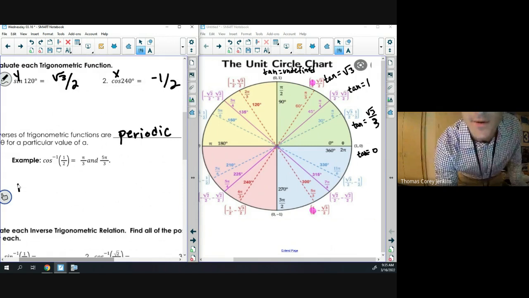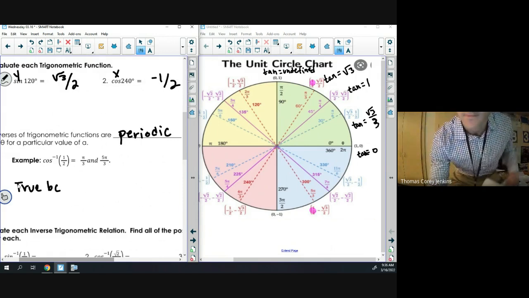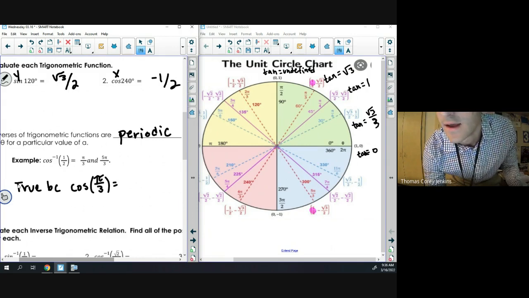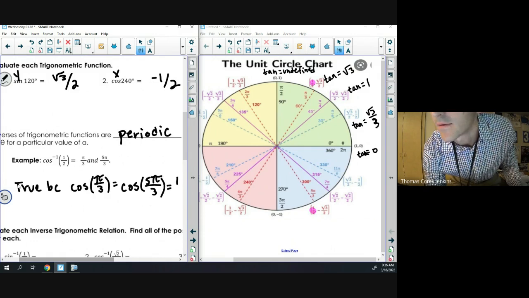This is true because cosine of pi over 3 is equal to cosine of 5 pi over 3 is equal to 1/2.